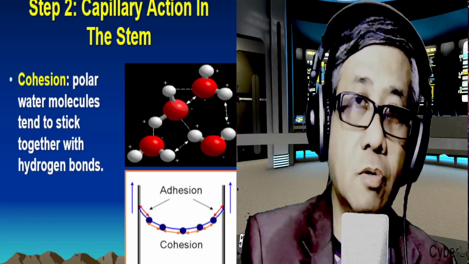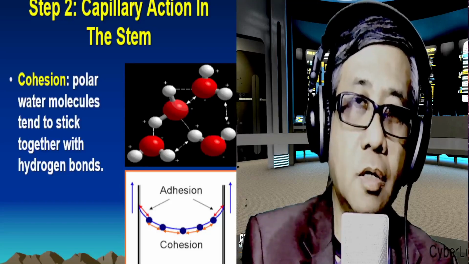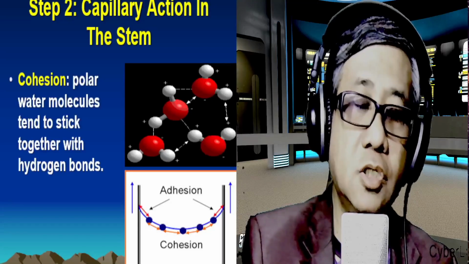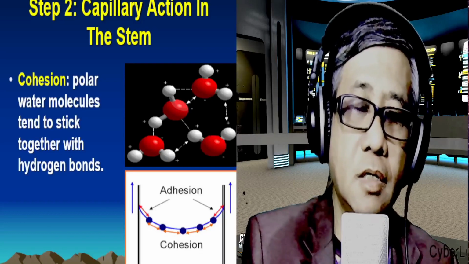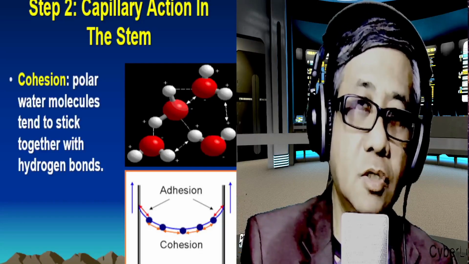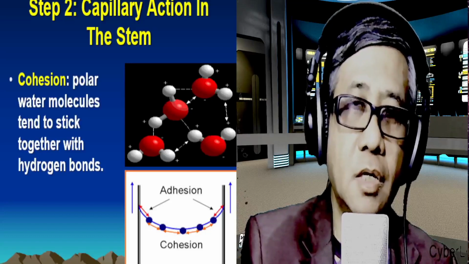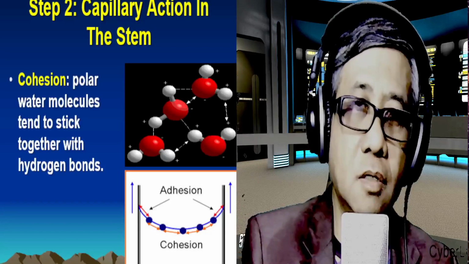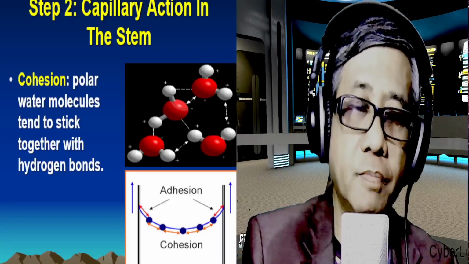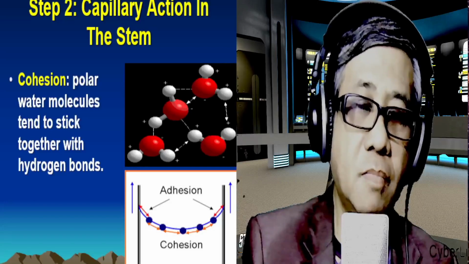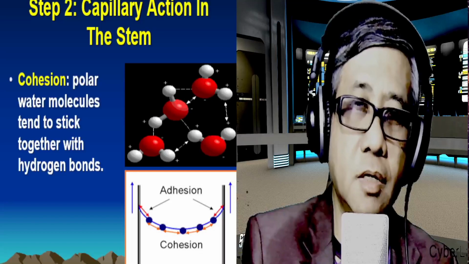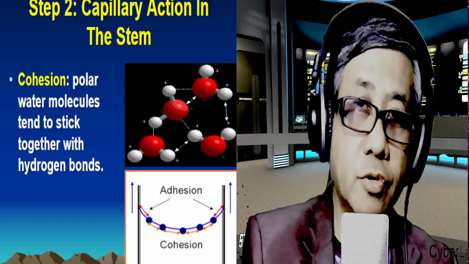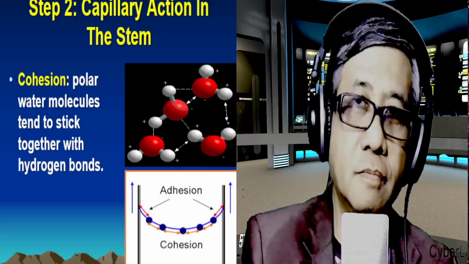If you will recall, water being polar has an oxygen end which is partially negative, and a hydrogen end which is partially positive. So the negative end of one water molecule is attracted to the positive end of another water molecule through hydrogen bonding. And this makes the water molecules stick together.